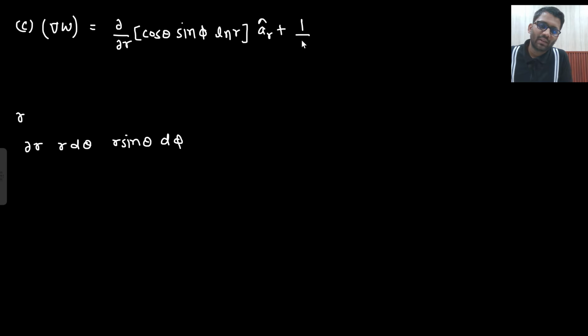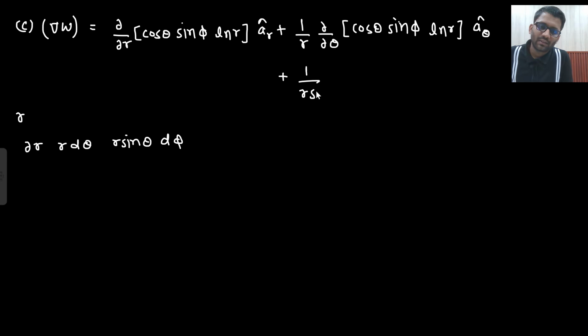plus 1 by r d by d theta of cos theta sin phi ln r. This will be your a theta cap plus 1 by r sin theta d by d phi of cos theta sin phi ln r a phi cap.